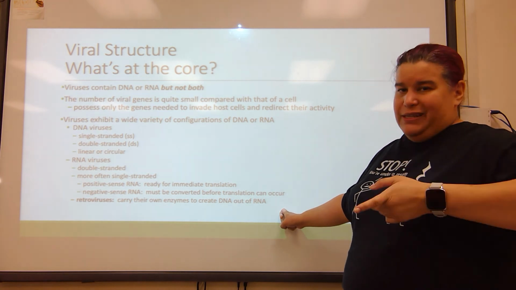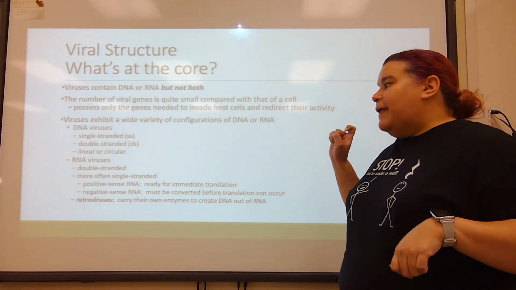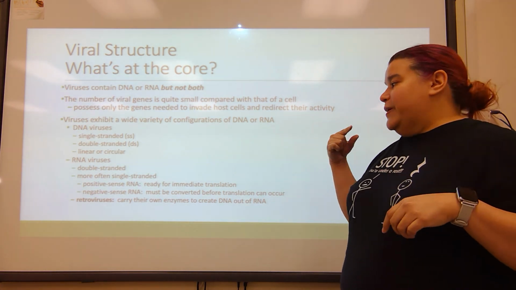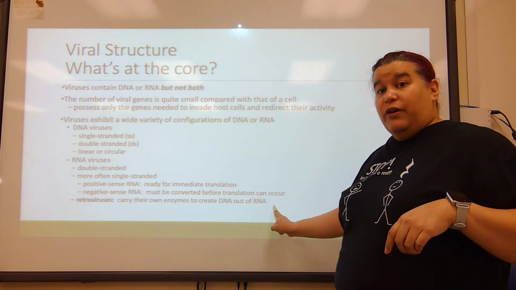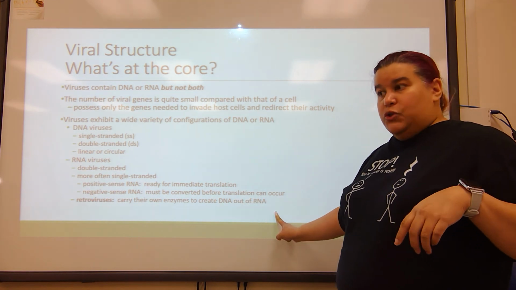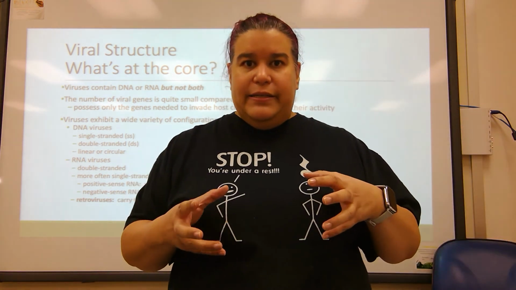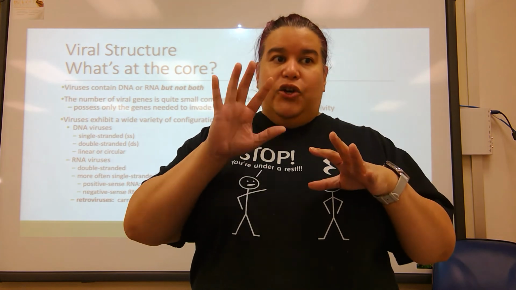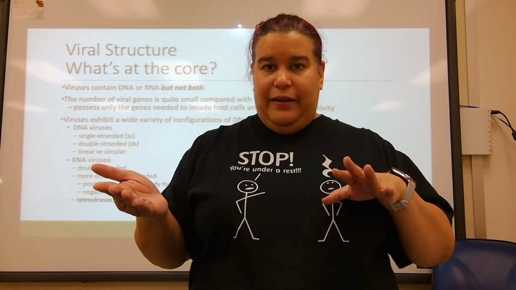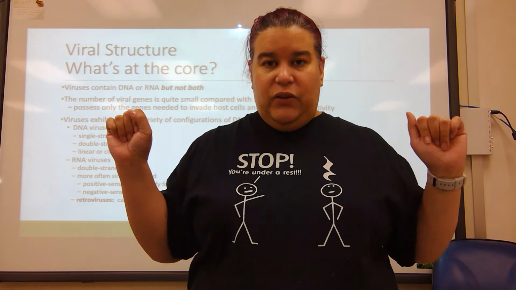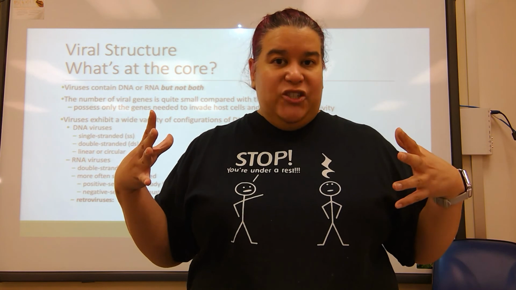Now, retroviruses. HIV is an example of a retrovirus. They actually carry their own enzymes to create DNA from their RNA. So, one of the things that's kind of evil about HIV is it invades, converts its RNA to DNA, and then will insert that piece of DNA into your cells. And it just sits there.